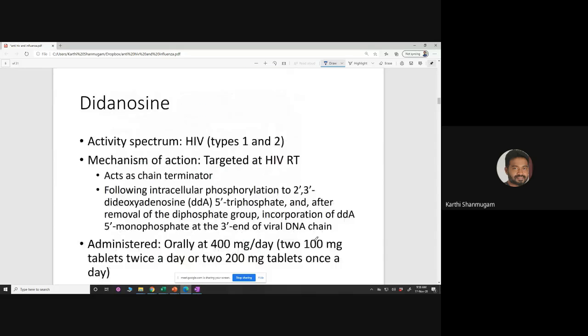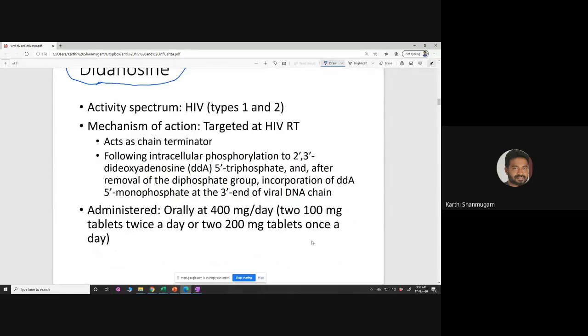So the next molecule is didanosine. This is also a very well used drug molecule, right? Coming to the activity spectrum, this molecule is very active against HIV type 1 and HIV type 2. So for both the cases we can use this drug molecule.